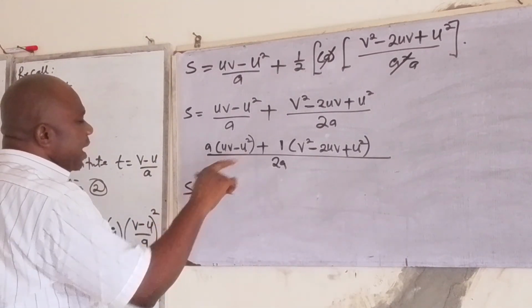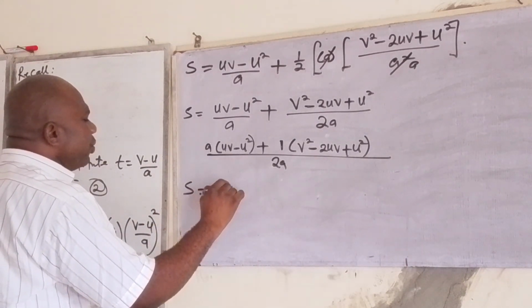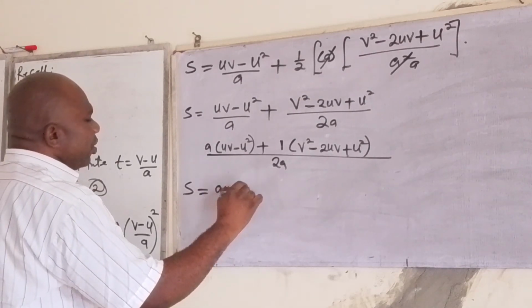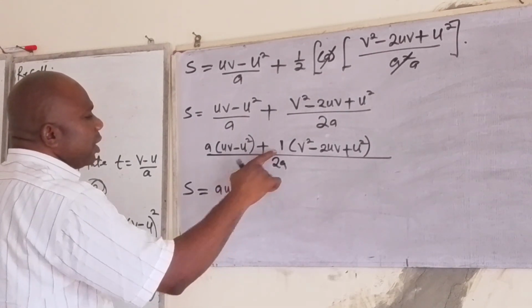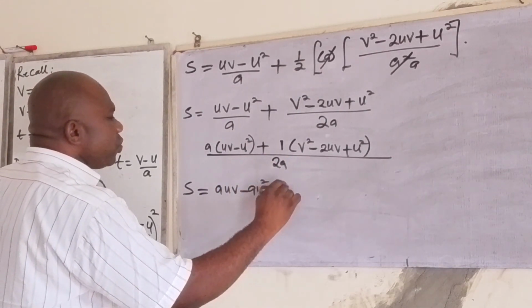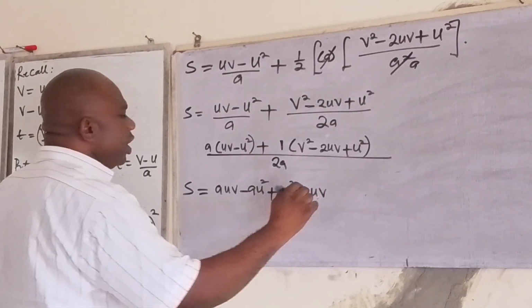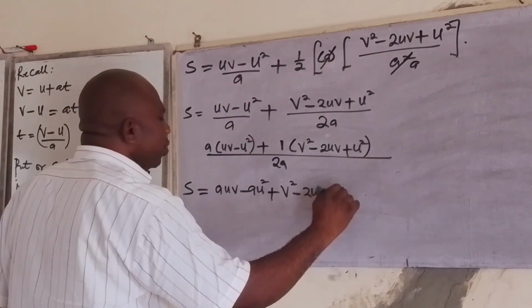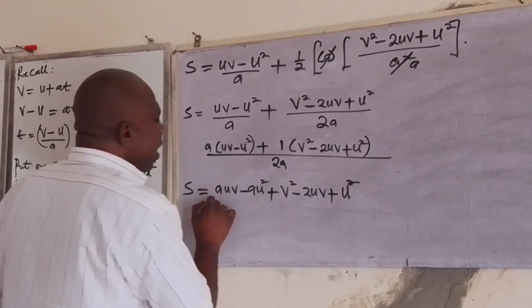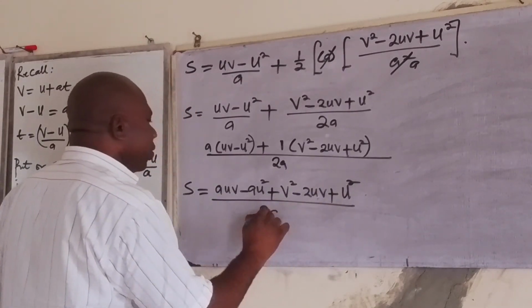When you multiply this out, we have auv minus au squared, plus v squared minus 2uv, plus u squared.